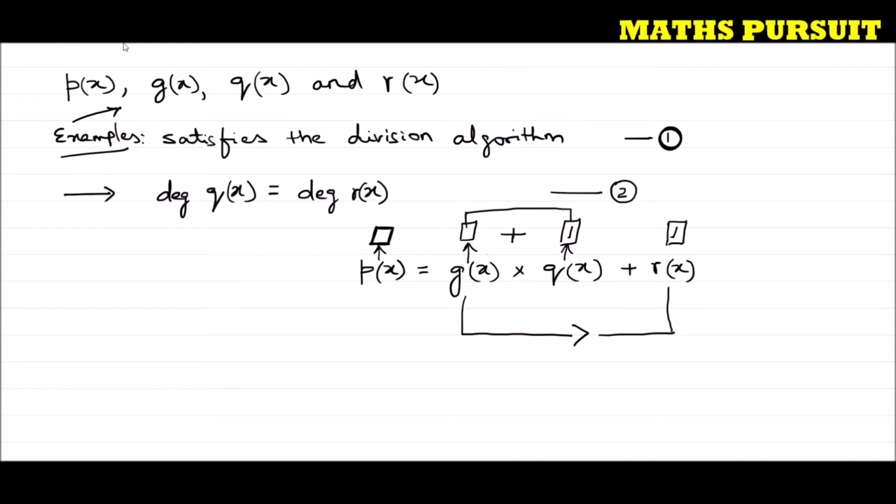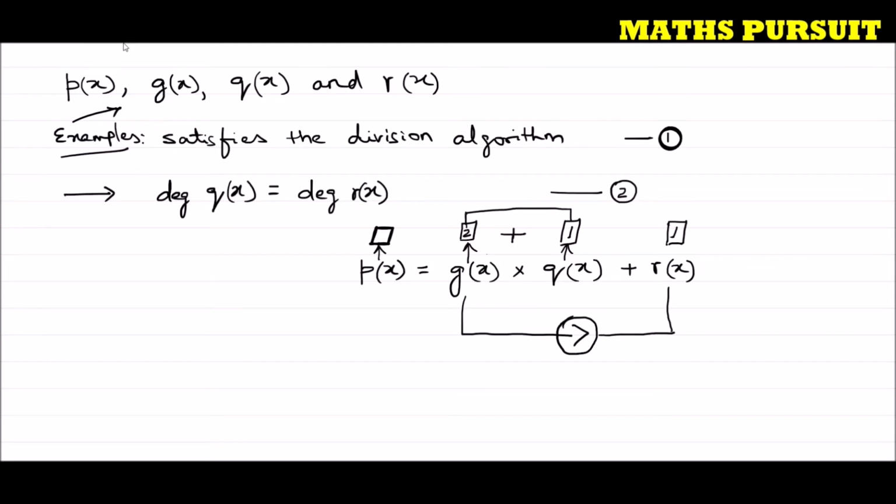Now definitely, if the degree of q(x) and the degree of r(x) are 1, then we need to consider the degree of g(x) as 2, because we already mentioned that the degree of g(x) should always be greater than the degree of r(x). Here the degree of r(x) is 1, so the degree of g(x) should be 2, because it should be more than 1.